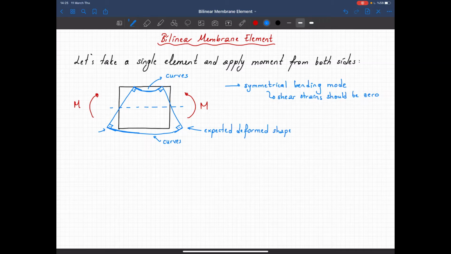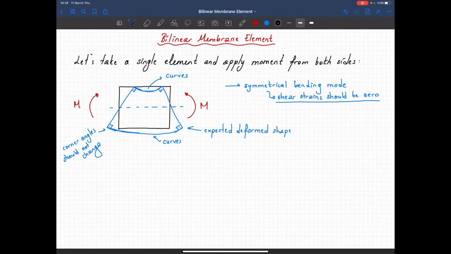And the corner angles should not change, because shear strains should be 0.